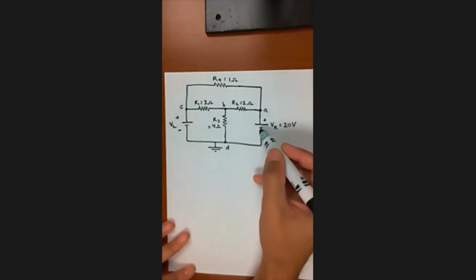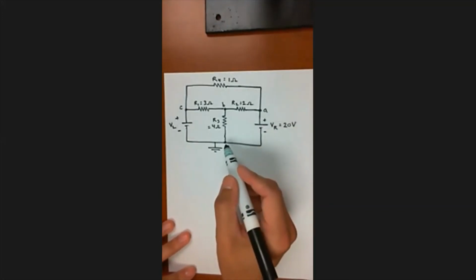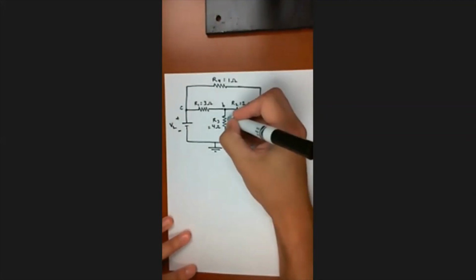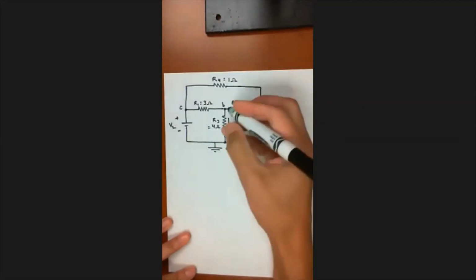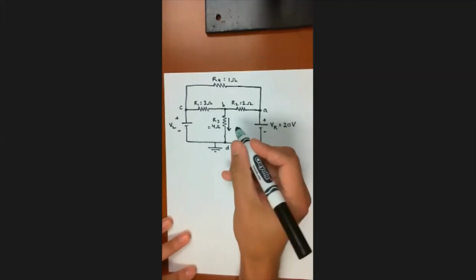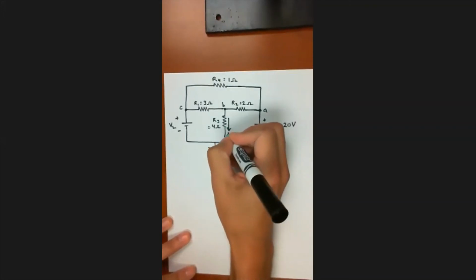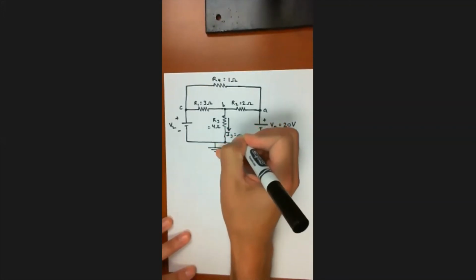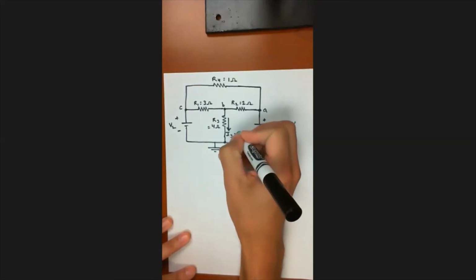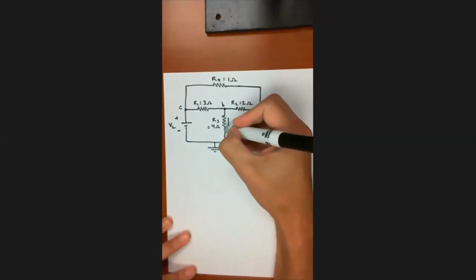Okay. So those are given, and then I'm going to give you one more thing. I'm going to tell you the current I3 equals 3 amps in this direction.